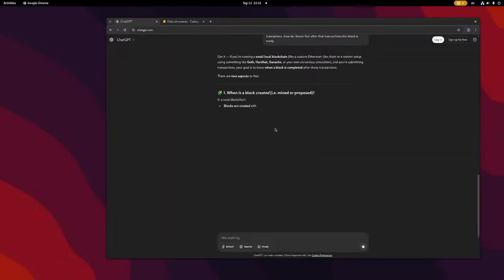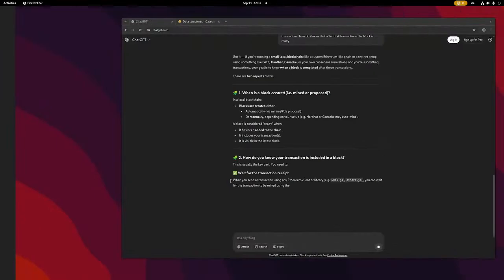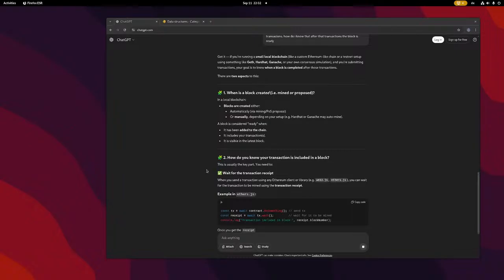Yeah, we could make it easier and introduce a counter, and that would really solve the problem, because we just count the transactions, and after some number, the block is completed.